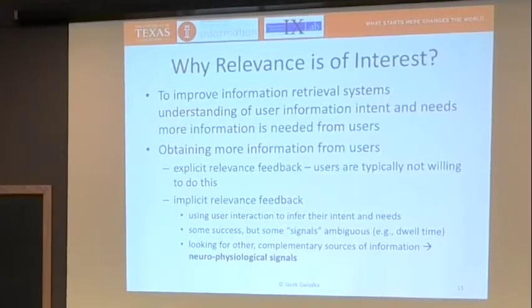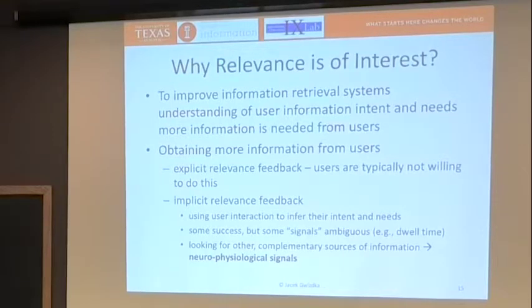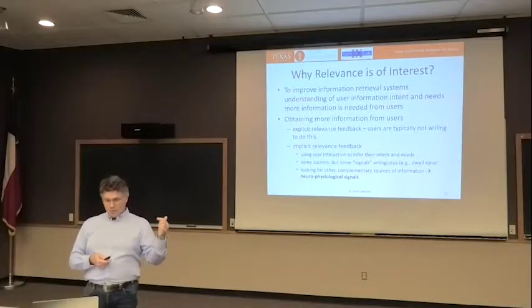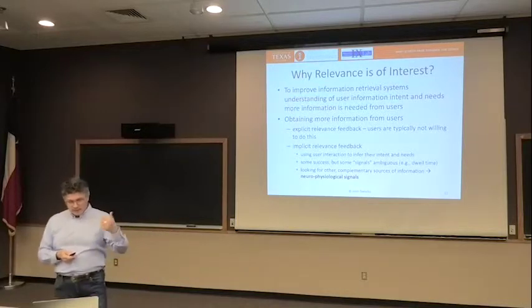It turns out that people are really resistant. They don't want to do this because it requires more mental effort, and possibly more time also. So therefore the idea is to use some other signals in an implicit way to better understand what a person needs, what a person wants. The signals with which I work are the neurophysiological signals.